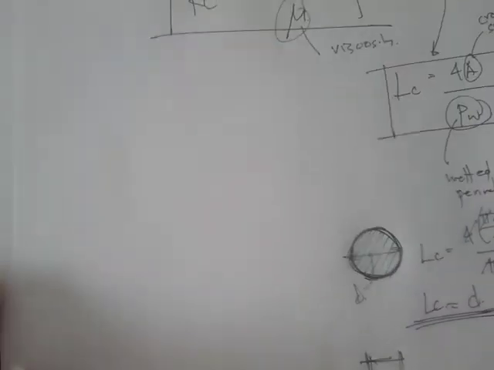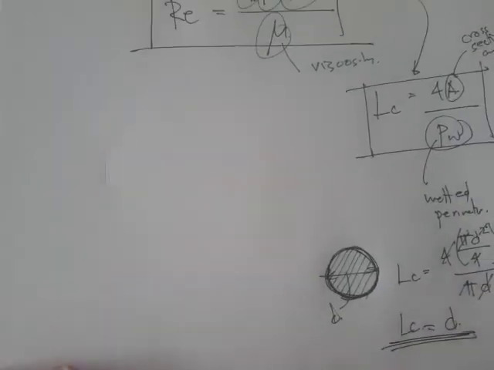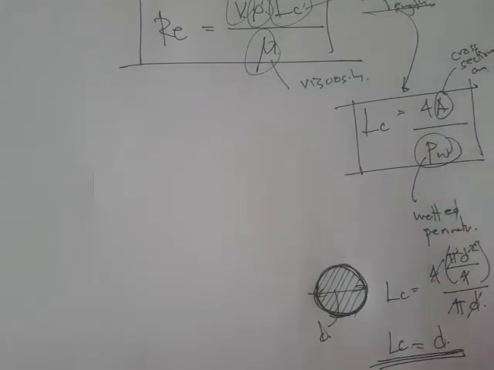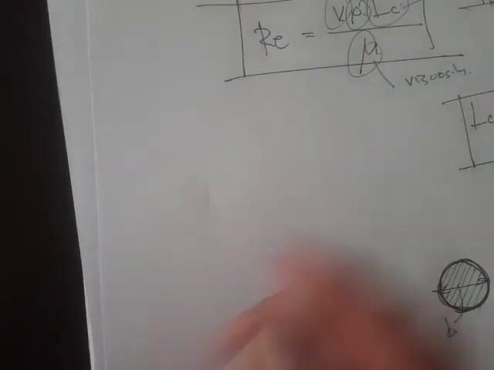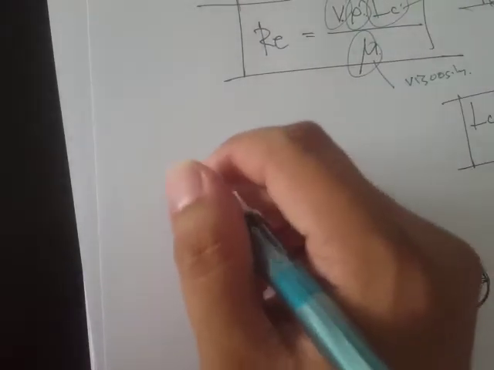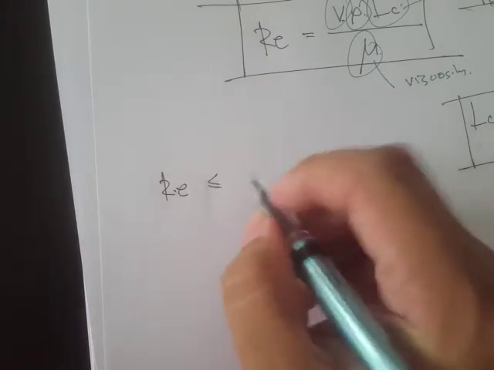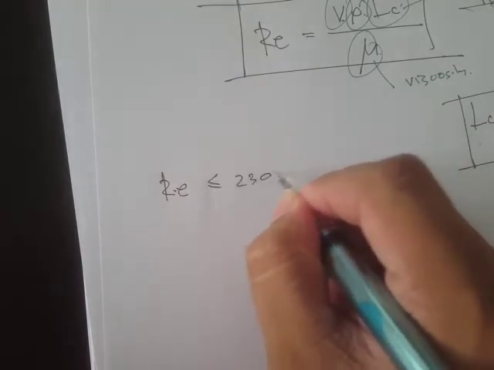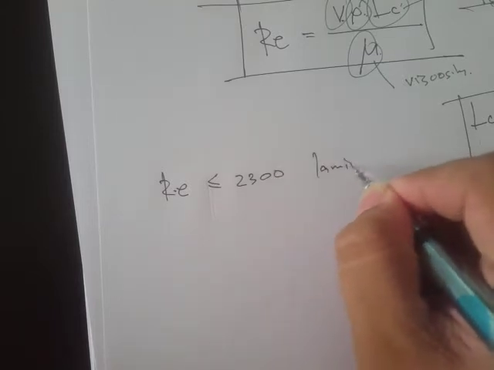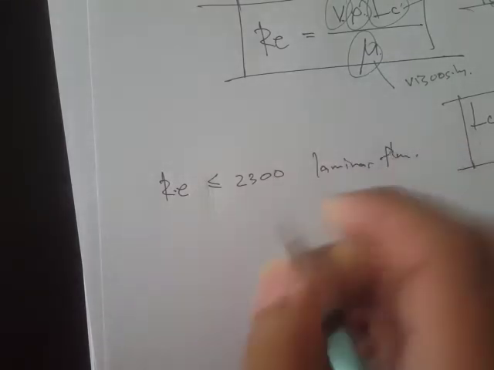Okay, so how do we know if the flow is laminar or turbulent? There are a lot of numbers. If Re is less than 2,300, then the flow is said to be laminar flow.